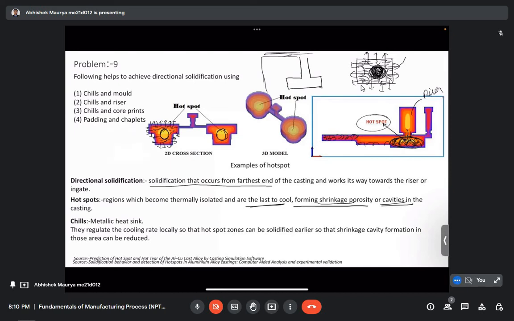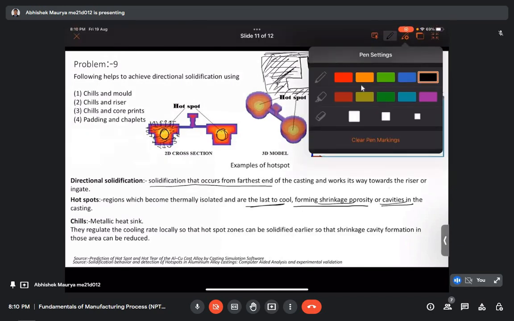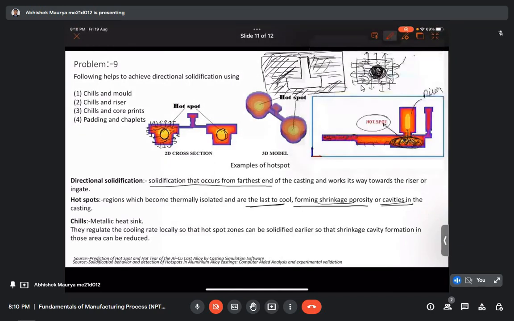Suppose we have some geometry like this. All this region is filled with sand, and this is the T-shaped region, which is in the shape of the cavity, and it is filled with the molten metal.